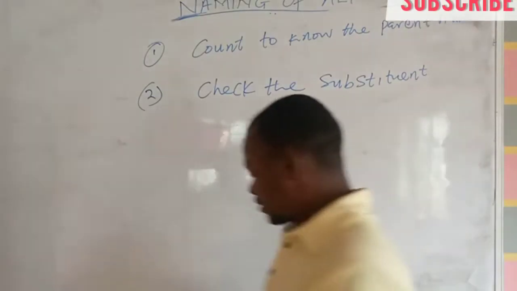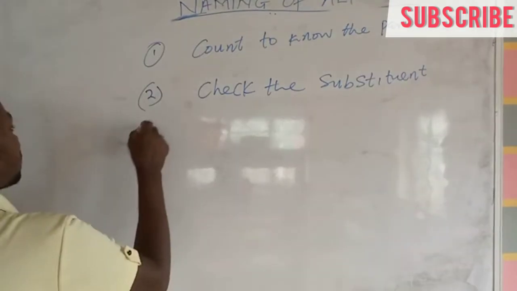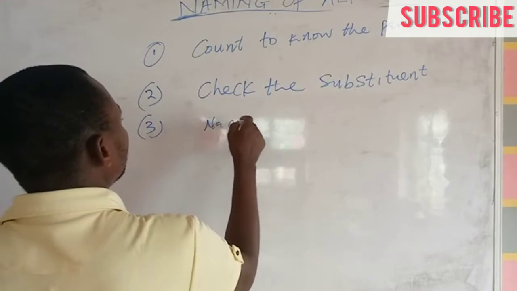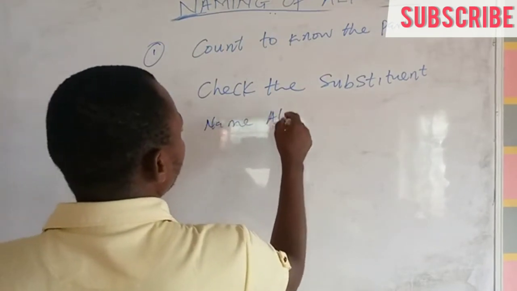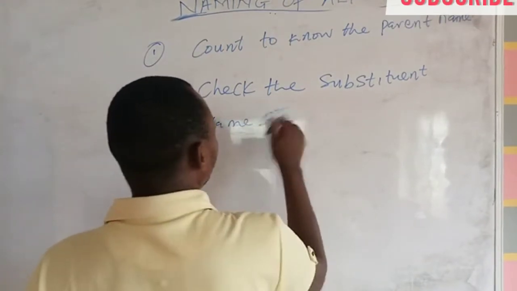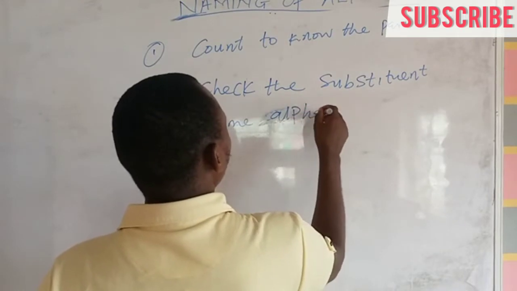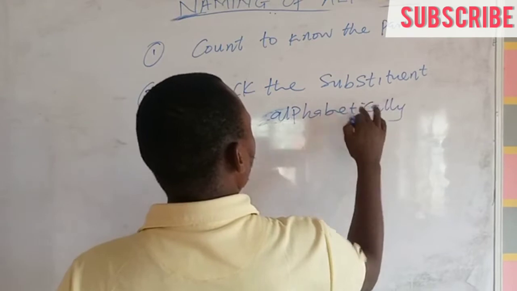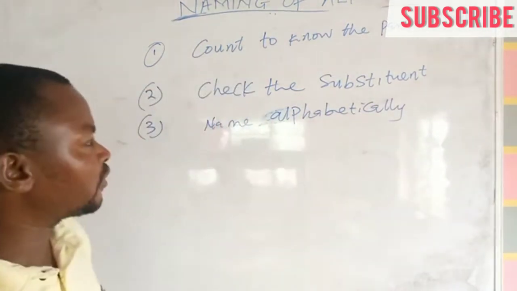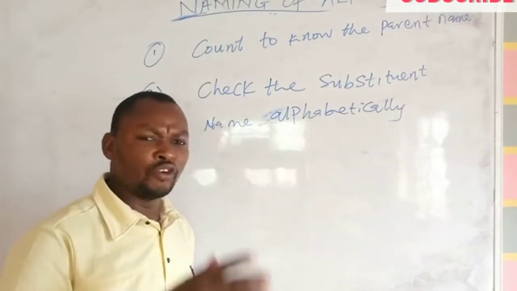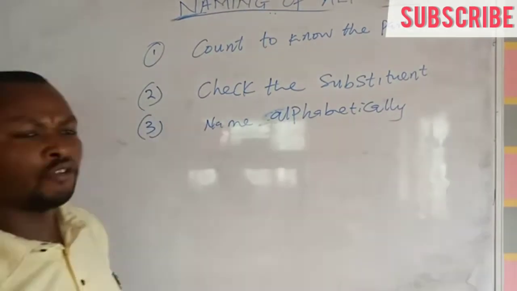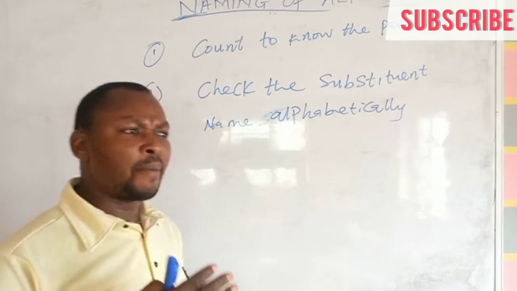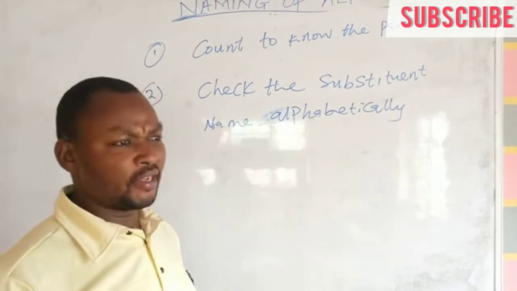Now, number 3, name alphabetically. After you have seen all the substituents, you check those substituents by their alphabet.